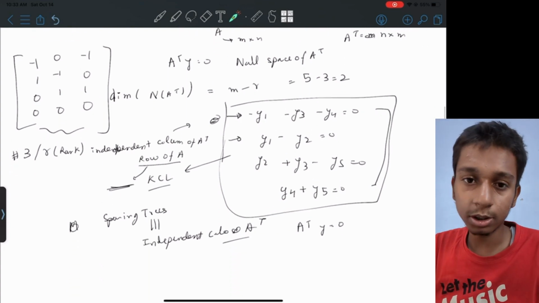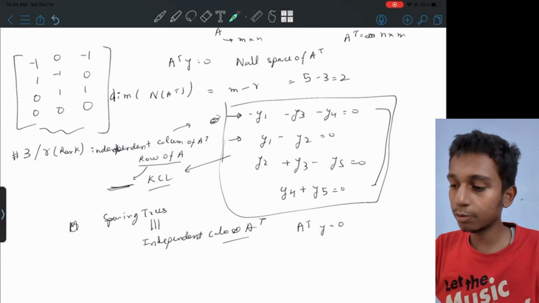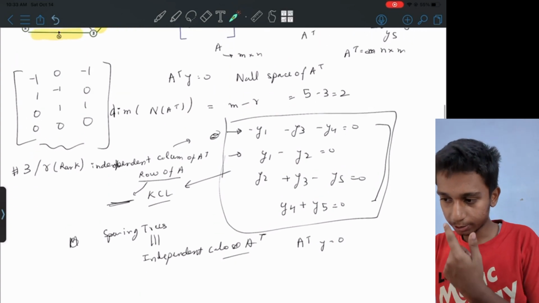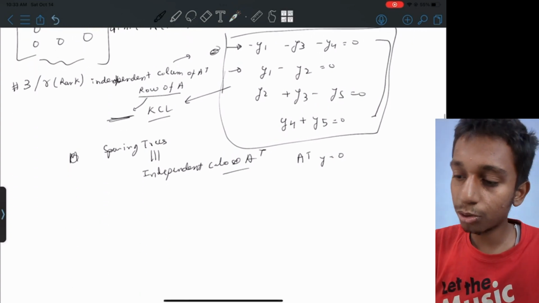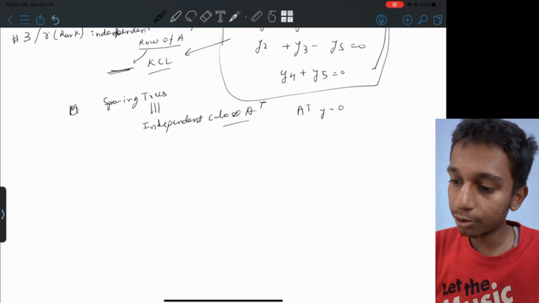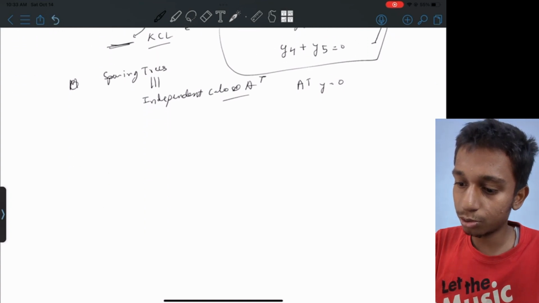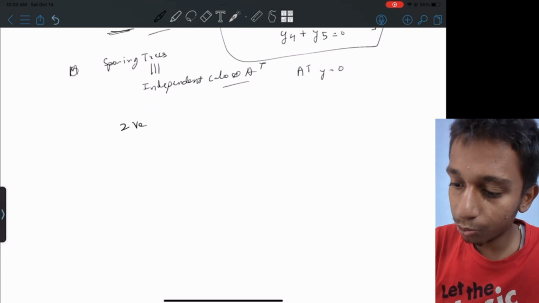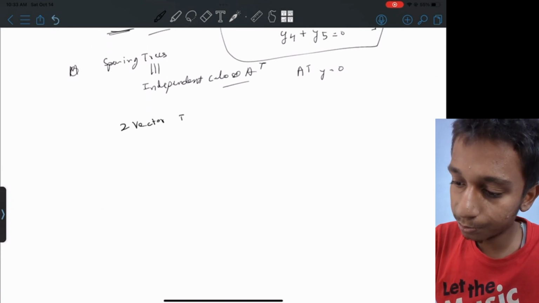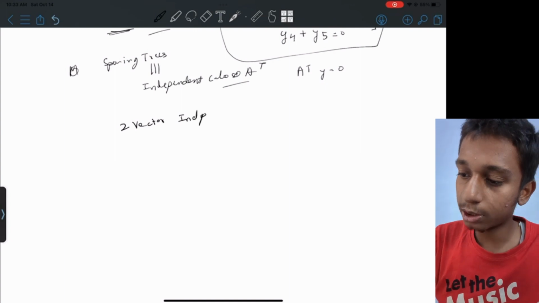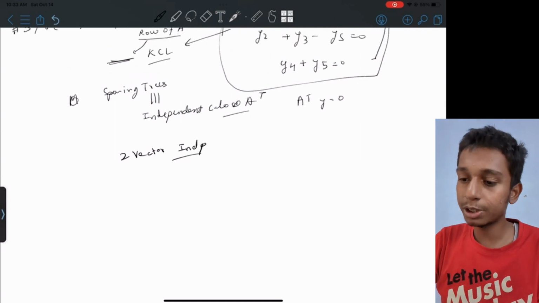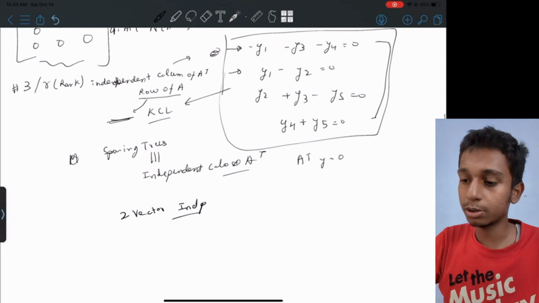And similarly, the same pattern is being repeated for all the nodes. In order to find the solution, we already know that the dimension of its null space is 2. So we need to find two independent vectors such that their linear combinations would be giving us the entire solution.